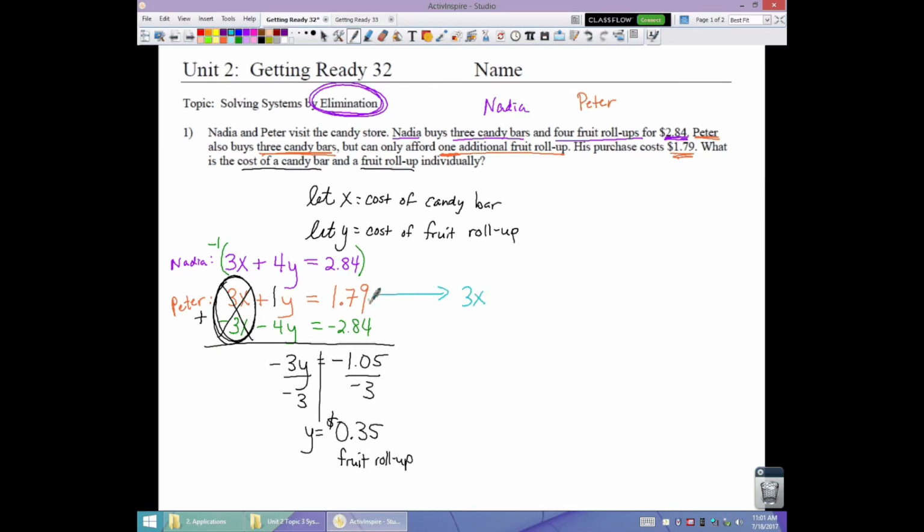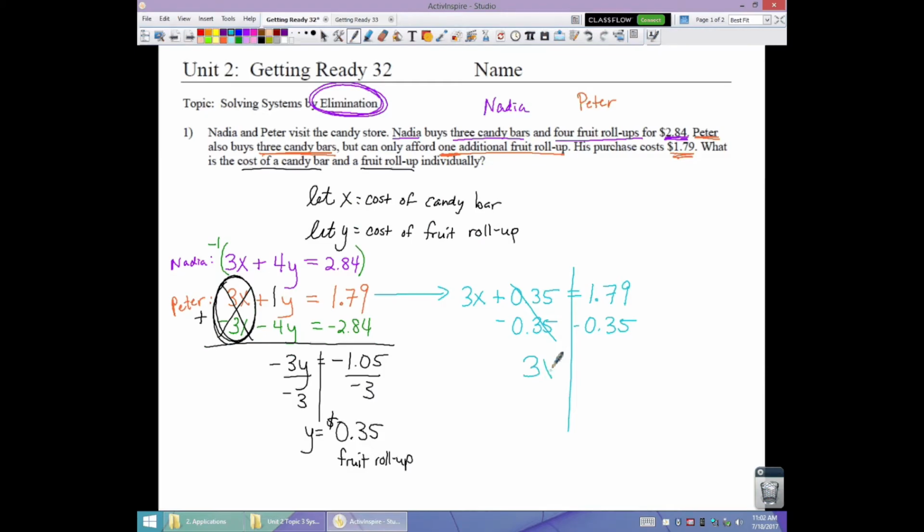So I'm going to choose Peter's equation here and say 3x plus 1y. I now know the value of y is 35 cents, so plus 35 cents gave his $1.79. To solve this, I subtract that 35 cents, the cost of the fruit roll-up, from his total.